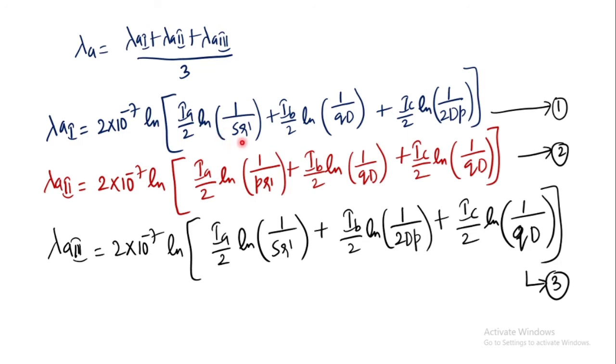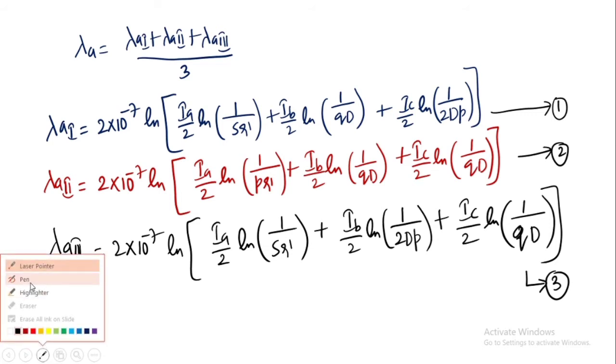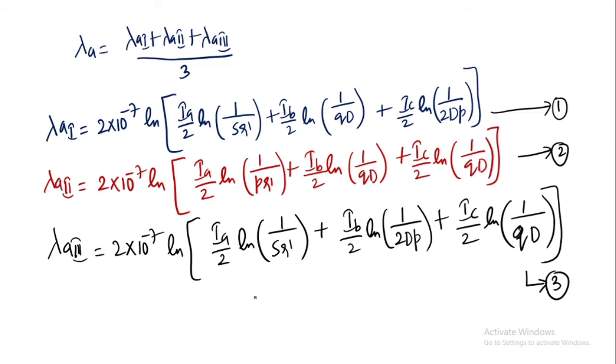And it is like ln of A plus ln of B plus ln of C. So ln of A into B into C. Okay, what is the formula which we can use to add all these natural logarithms? ln of A plus ln of B plus ln of C is equal to ln of ABC. Is it right? Now in place of A, you have this entire term. In place of B, you have this entire term. In place of C, you have this entire term.